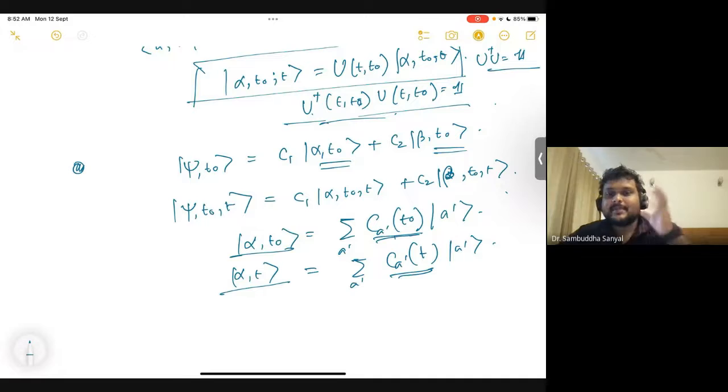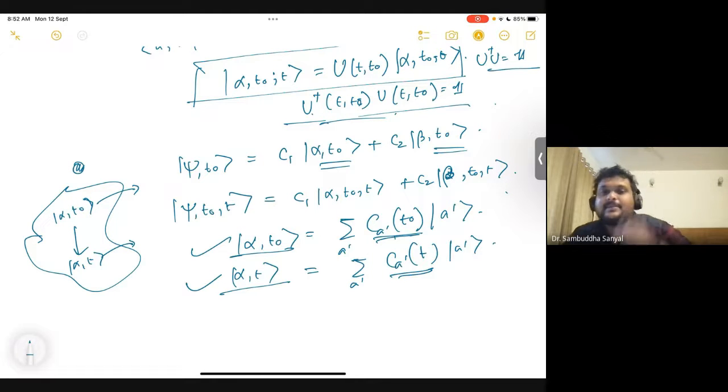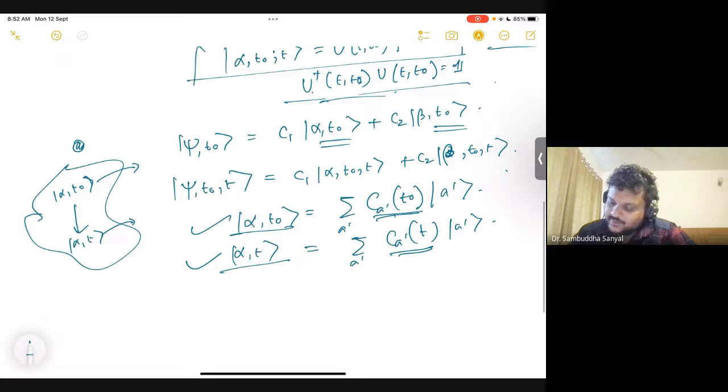Both are basically some vectors in the Hilbert space, or some ray in the Hilbert space, right? Alpha(t0) has evolved to alpha(t), and I should be able to express both of them as some superposition of a complete set of states. So the only thing that changes, not the basis, is these coefficients.